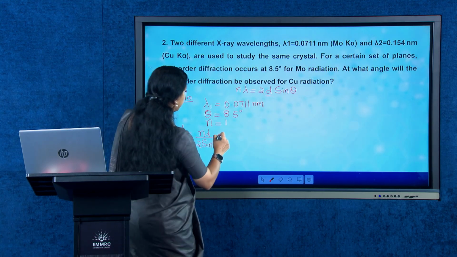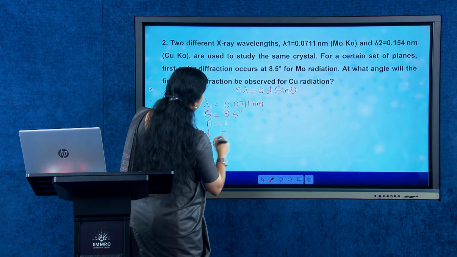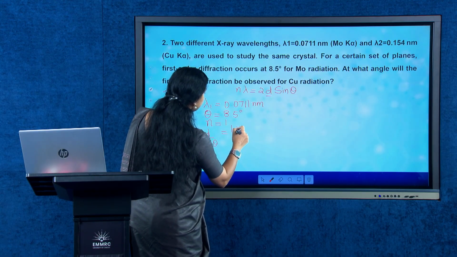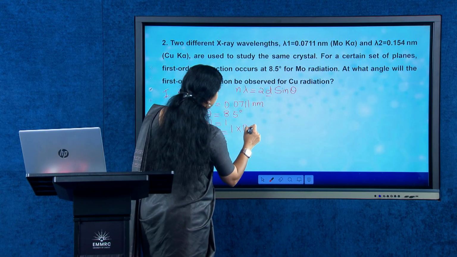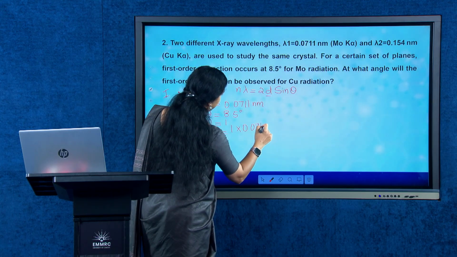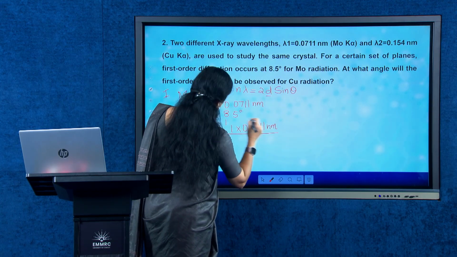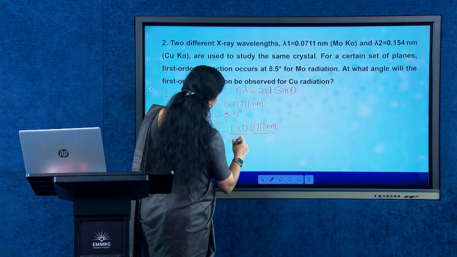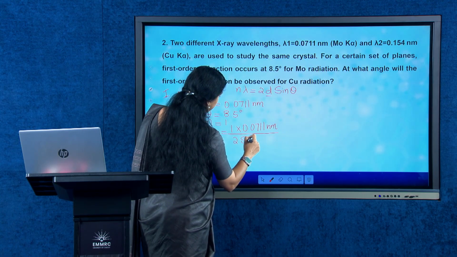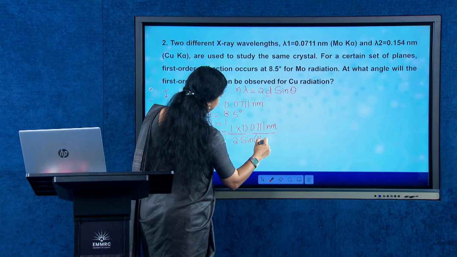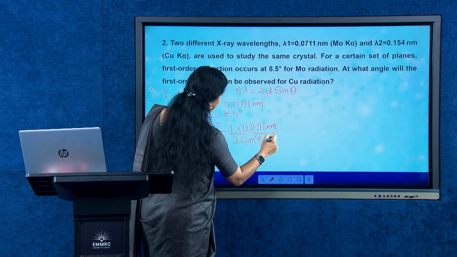So, let us substitute the values. That will be equal to 1 into 0.0711 nanometer divided by 2 into sin 8.5 degree.